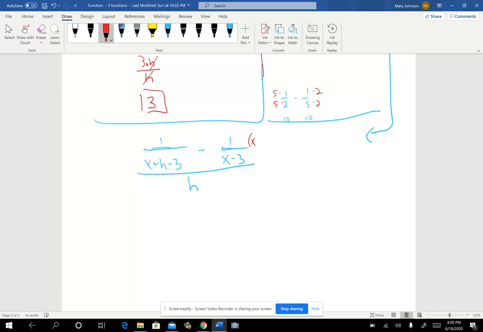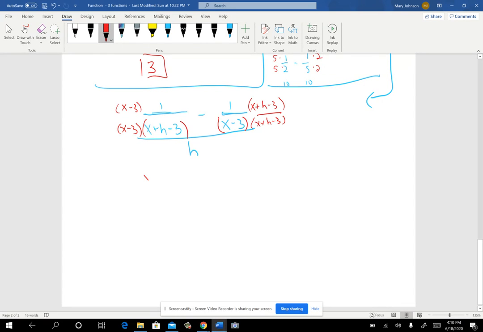So over here, I have to multiply the top and bottom by x plus h minus 3. Over here, I have to multiply the top and bottom by x minus 3 to get that common denominator. All right, so this is x minus 3, and then minus x plus h minus 3, all over the denominator we created.